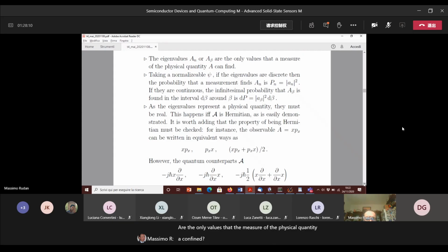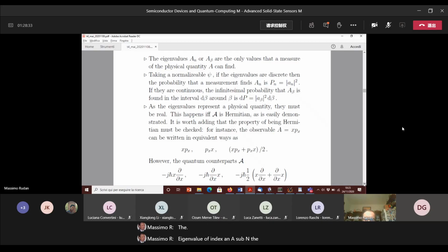Then, if the wave function is normalizable, in the discrete case, the postulate goes that a measurement of A has a probability to find the eigenvalue of index n, A sub n.